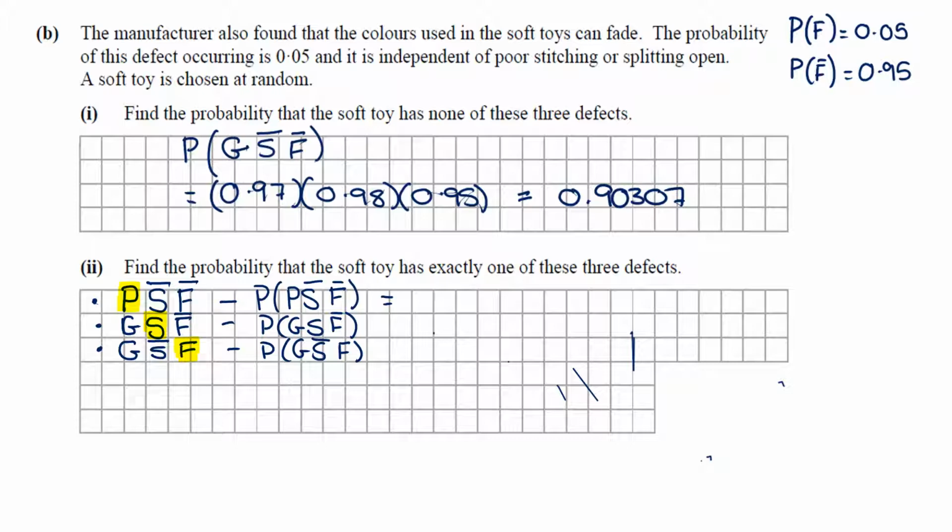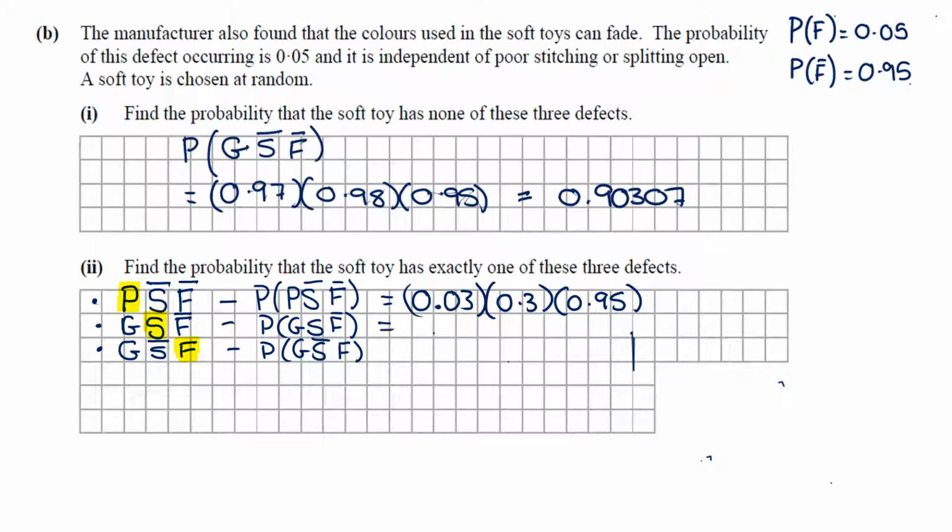So working through that, the probability that it has poor stitching only is 0.03. Then that it does not split is 0.3, and that it does not fade is 0.95. Notice that because we've gone with poor stitching, we have to take the S, so the split, and the does not split that's associated with that.